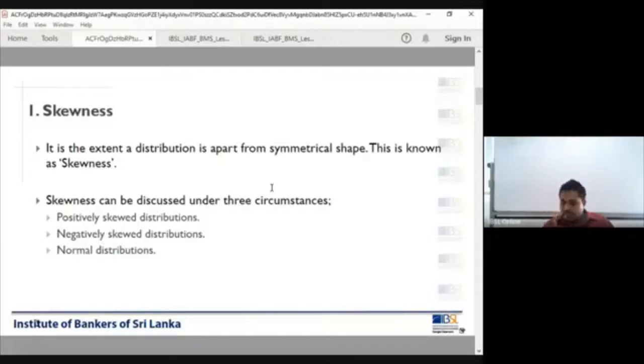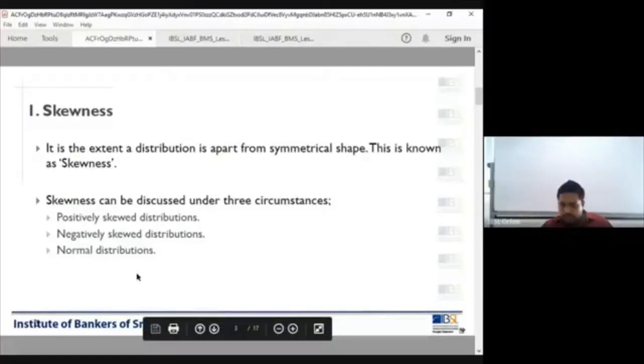That is the whole idea which you need to understand. They're discussing a symmetrical shape and moving away from the symmetrical shape. When you go to the graphical definition, you will see what you mean by skewness. But for the moment, let's try to grasp these three concepts.